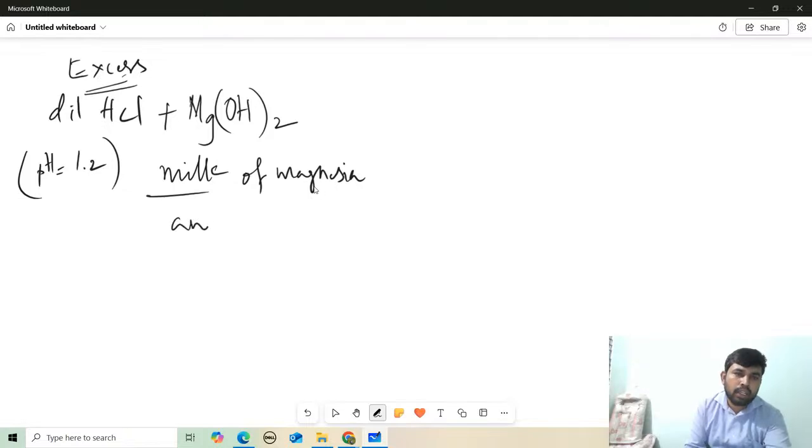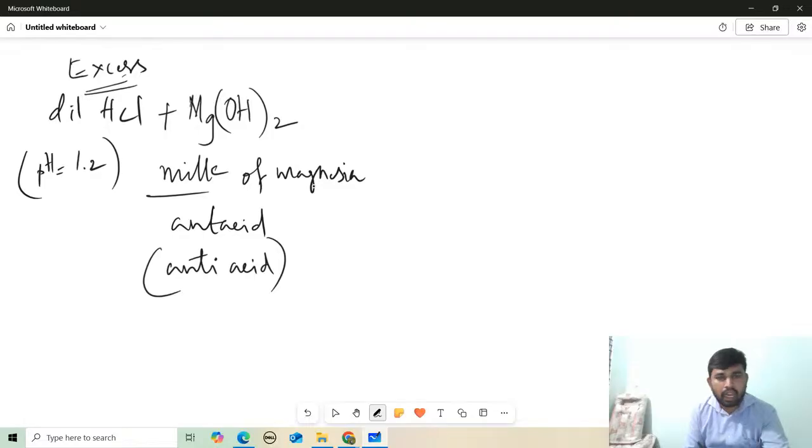This is also called antacid. Antacid means anti-acid, opposite to acid, like antivirus. Don't think antacid means it's an acid. It must be a base. Remember.